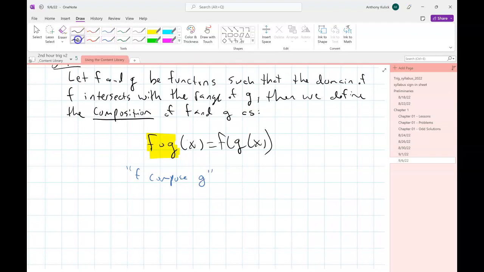It does not read fog. That is Mr. Kulik's gigantic pet peeve. I don't want to hear any kind of fog in this class. We're not talking about weather. That is like an open multiplication dot.